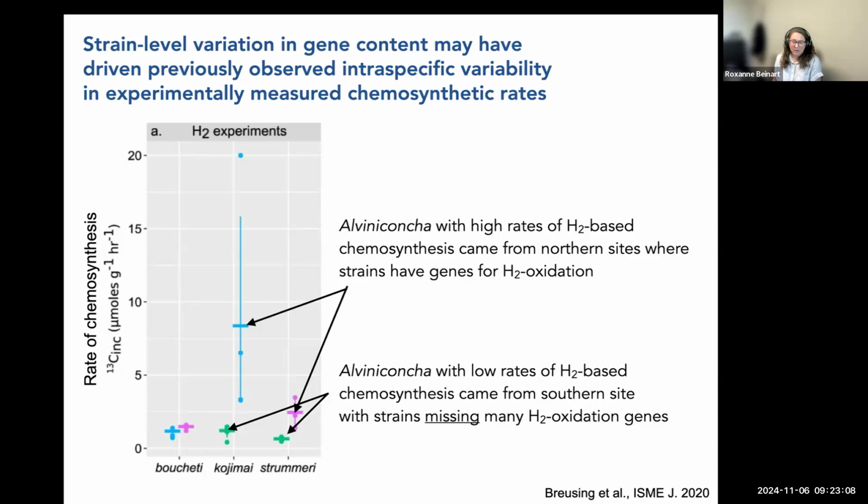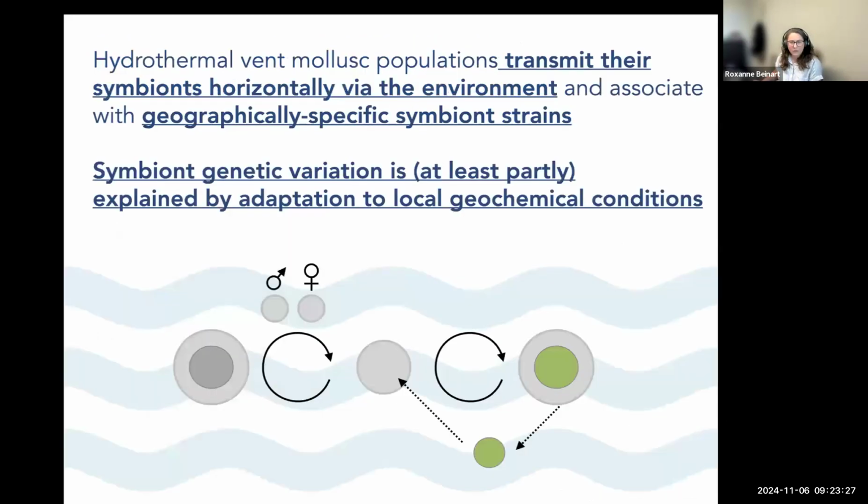So again, we're seeing not just genetic variation, but this is also propagating into their phenotype, meaning how they actually function. It does appear that differences in their genes result in differences in autotrophy, which is expected, but it's nice to experimentally validate.